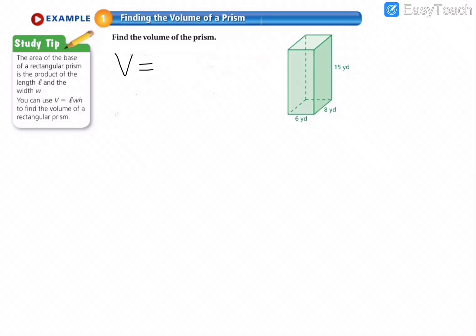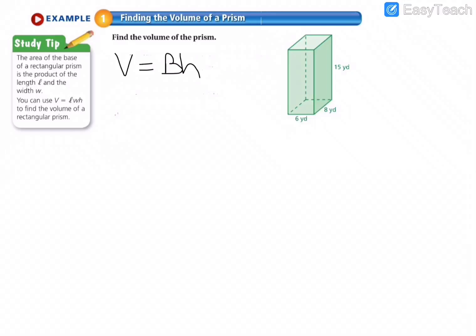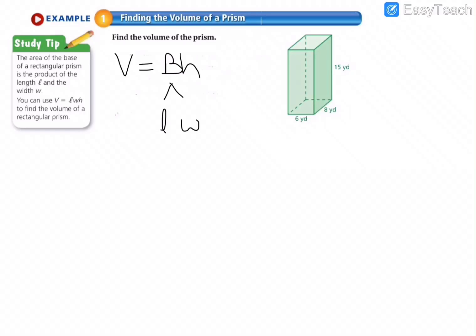All right, so volume, I'm just going to write the formula they want us to use, which is area of base times height. But we know that the area of this base is length times width, times height.